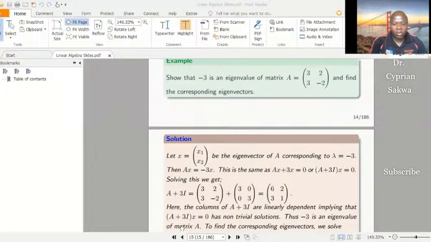And how do I conclude this? By looking at this, the columns here are linearly dependent. You know what we mean by linearly dependent?